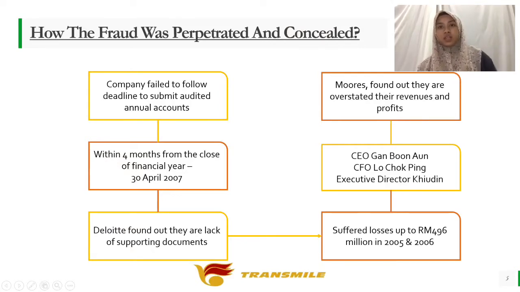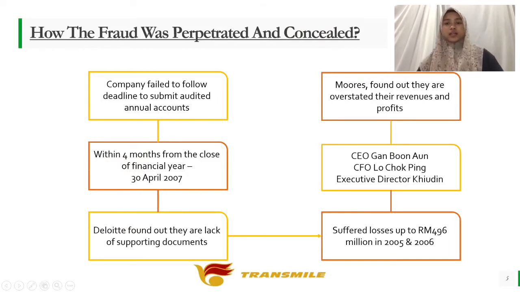A company must submit its audited annual accounts within 4 months after the close of its financial year. So Transmile must submit by the end of the month, which is 30 April 2007.